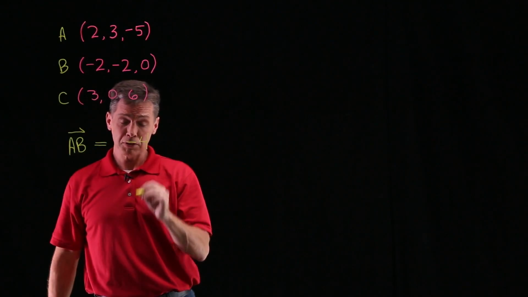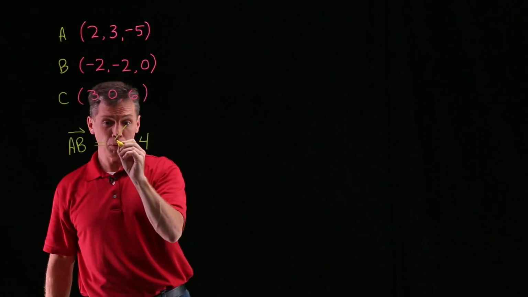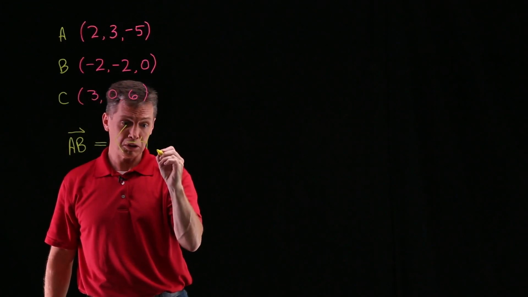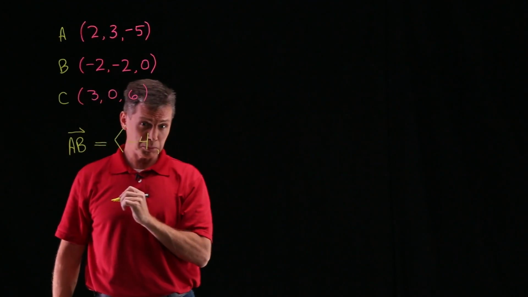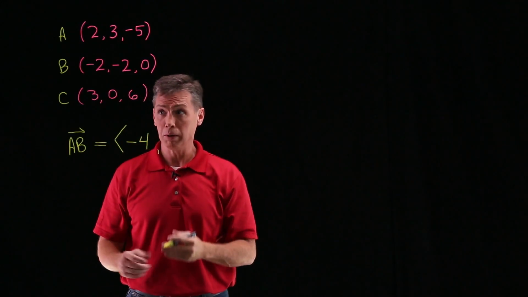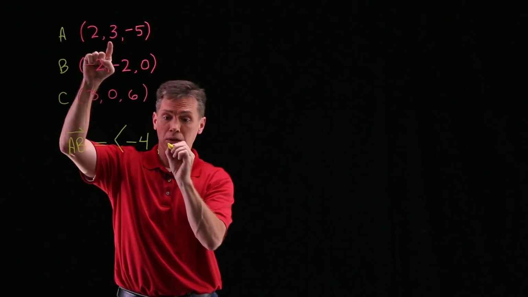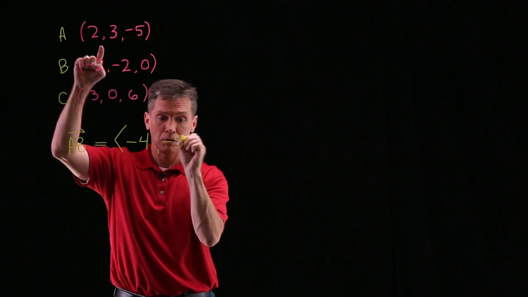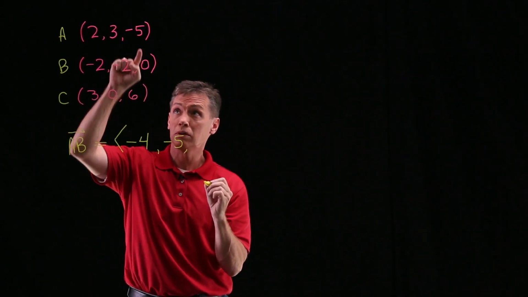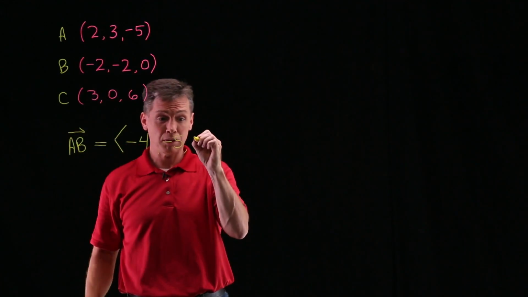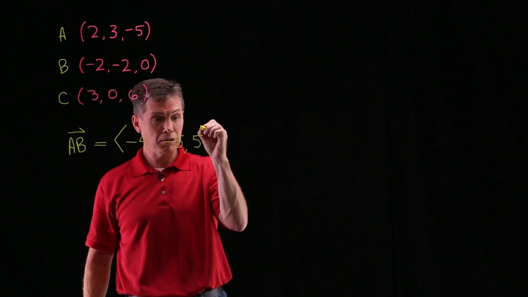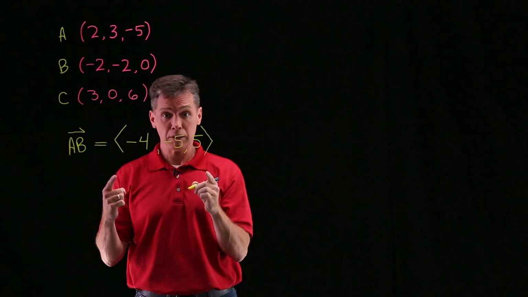Now, as I'm writing these, I'm going to write them in component form. So I'll start my triangular brace and then just put some commas in between. And let's keep going. So now I'm looking at a -2, subtract 3, so -5. Comma, 0, subtract a -5, so that'll bump up to a +5. And I'm done with that vector.